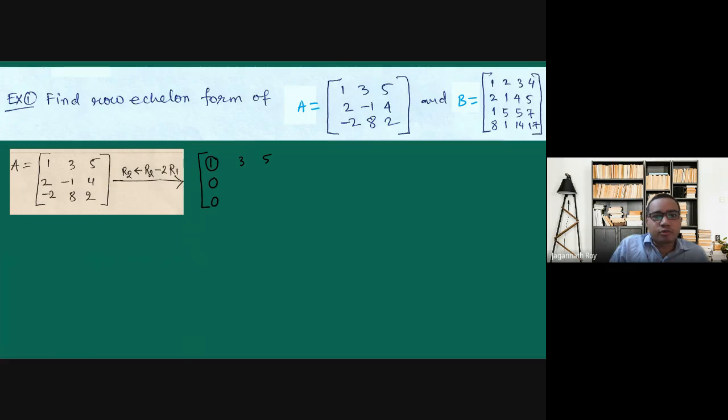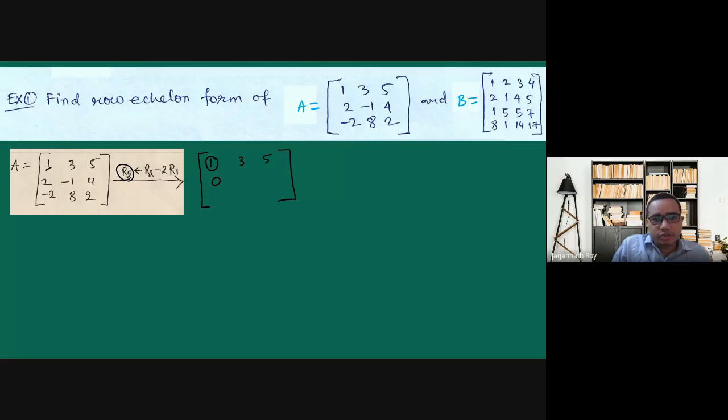So how do we do that? We will use this row operation: R2 is replaced with R2 minus 2R1. R1 is 1 3 5, so here it will give 2 minus 2, that means 0.